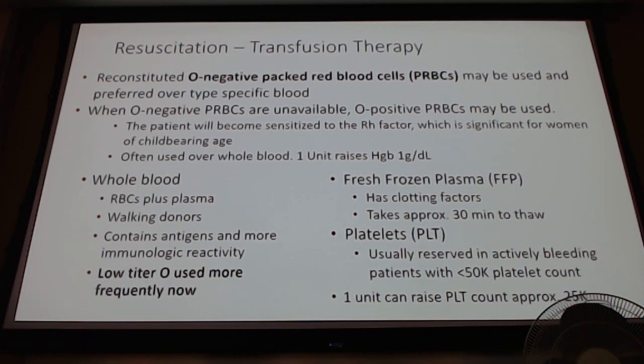So around 50, it's like they get a paper cut. They just don't have the clotting factors to even help clot that. Okay, and 1 unit of platelets can rise about 25,000. So 6 bags, 1 unit can raise 50 to 75. Does that make sense? Okay.